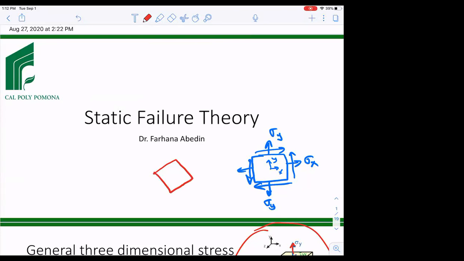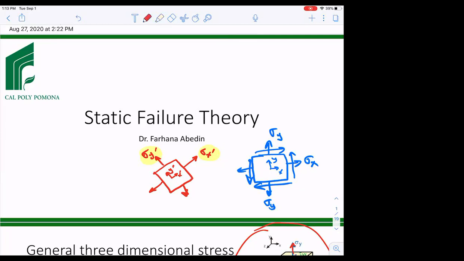Now you have a new axis, which I will call x prime and y prime, okay? And say, for example, at this orientation, you are only looking at normal stresses, no shear stresses. So I'm going to call this sigma x prime, sigma y prime. And there is no shear stress. You will see that these normal stresses turn out to be the maximum and minimum normal stresses this particular plane will see, okay?